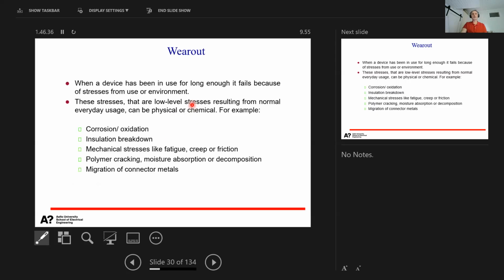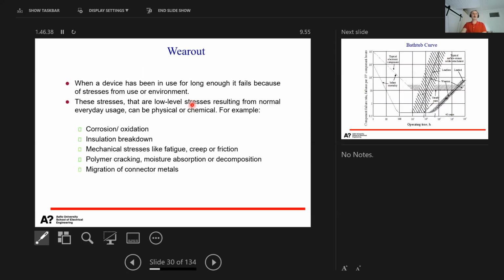And then the third part is the wear out. This is what we are mainly interested in our course. So how can we understand when the failure rate starts to increase again, because that defines the useful lifetime of the product. Quite often there is some kind of physical mechanism behind.